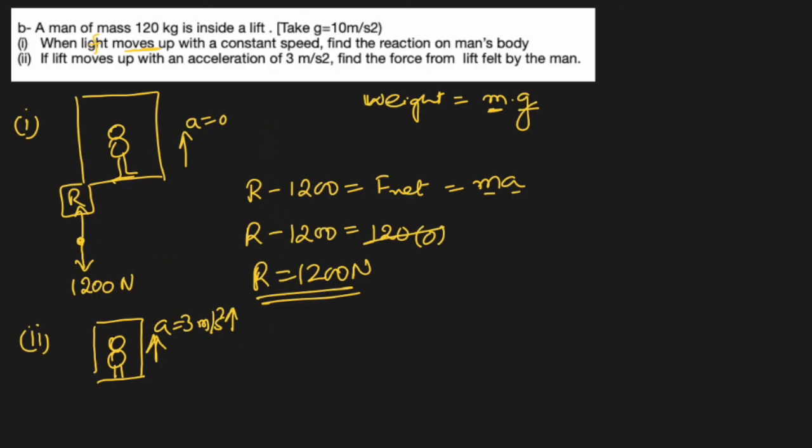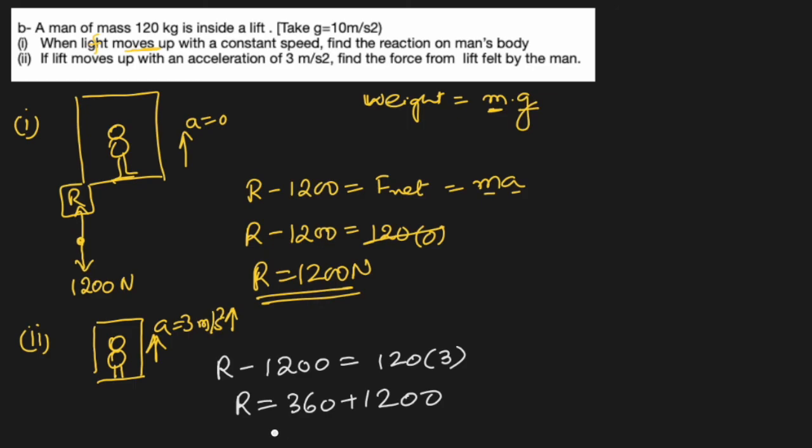So we'll use exactly same equation, but this time acceleration will be put equal to mass times acceleration. So R equal to 360 plus 1200. It becomes 1560 newtons. That's the reaction on man's body.